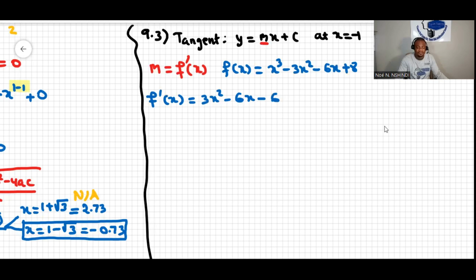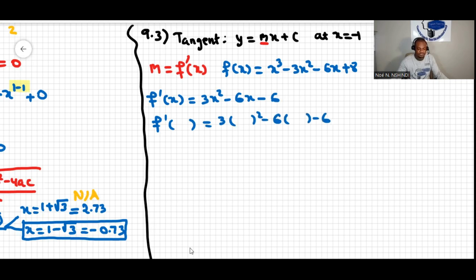Now the derivative at the point x equal to negative 1, because it is said at x is equal to negative 1, then we can find f prime of negative 1. It means wherever we have x, we're going to substitute negative 1.